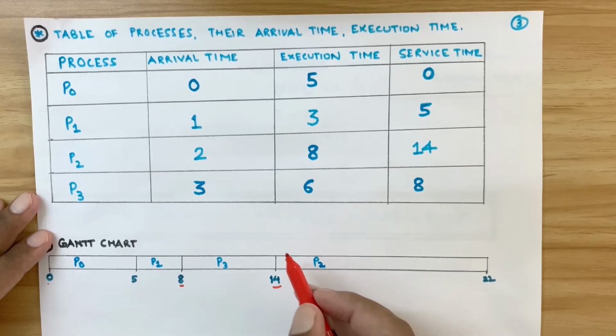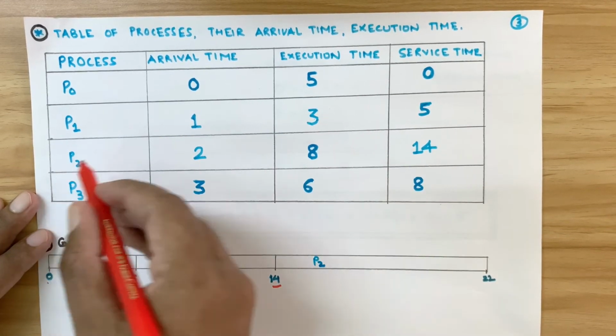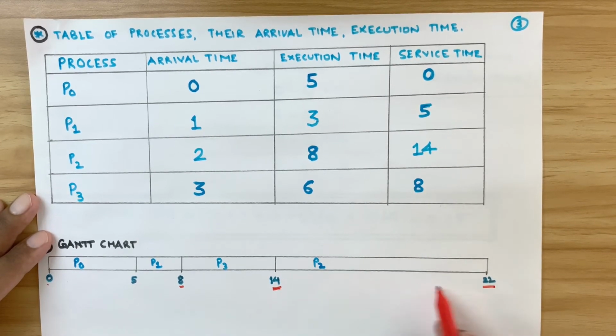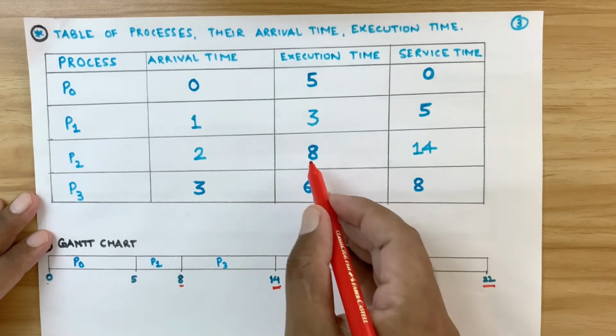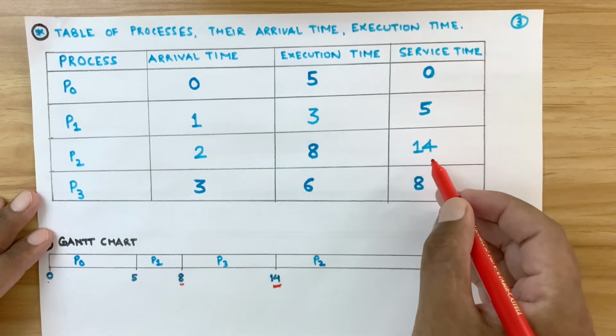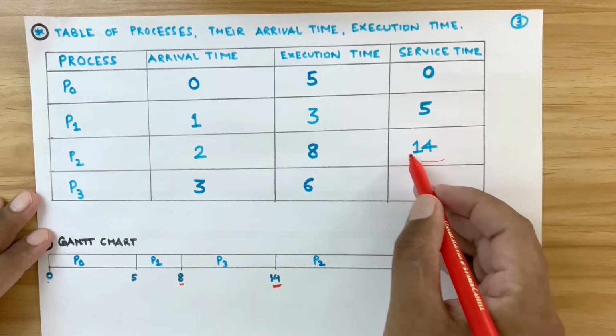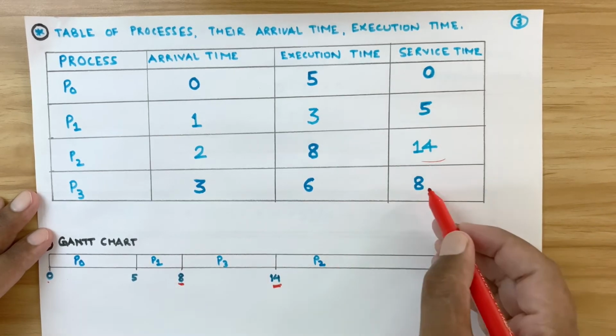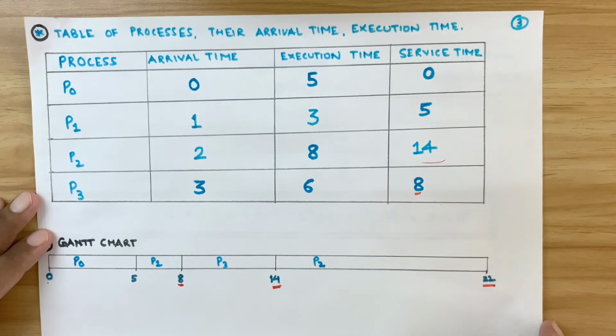And now only one process remains, this one P2, and it will continue for 8 seconds from 14 to 22 seconds. If you subtract 14 from 22, you will get 8 seconds. So its service time is 14th second, and the service time for P3 is 8th second, as I have mentioned here.